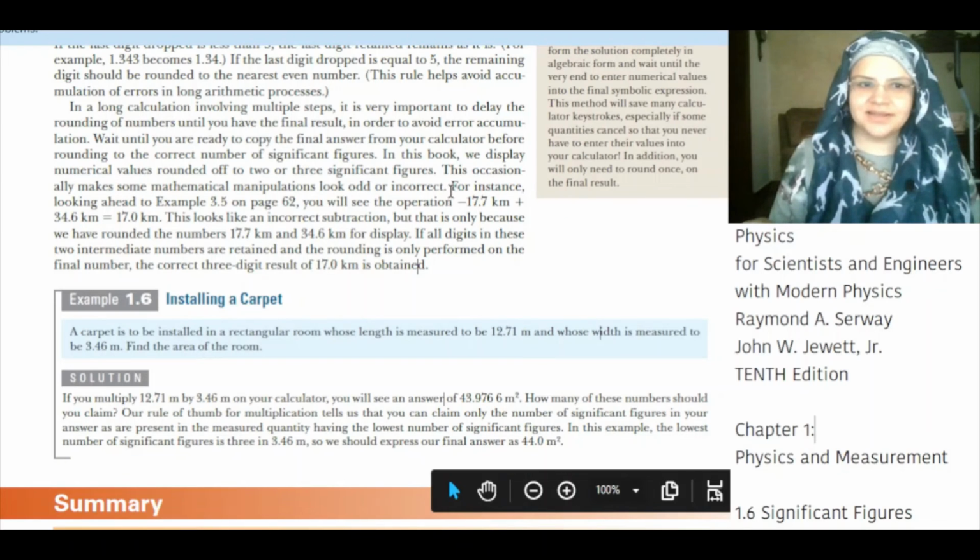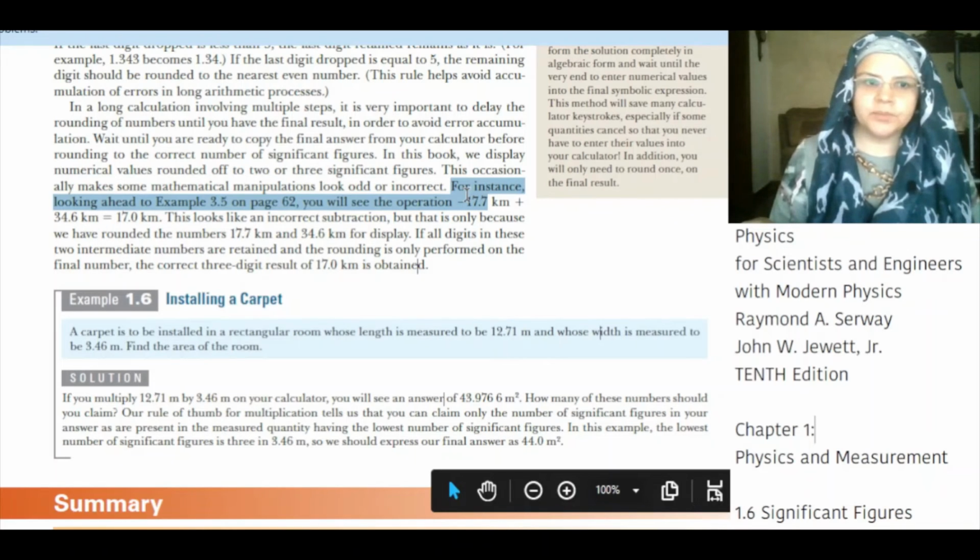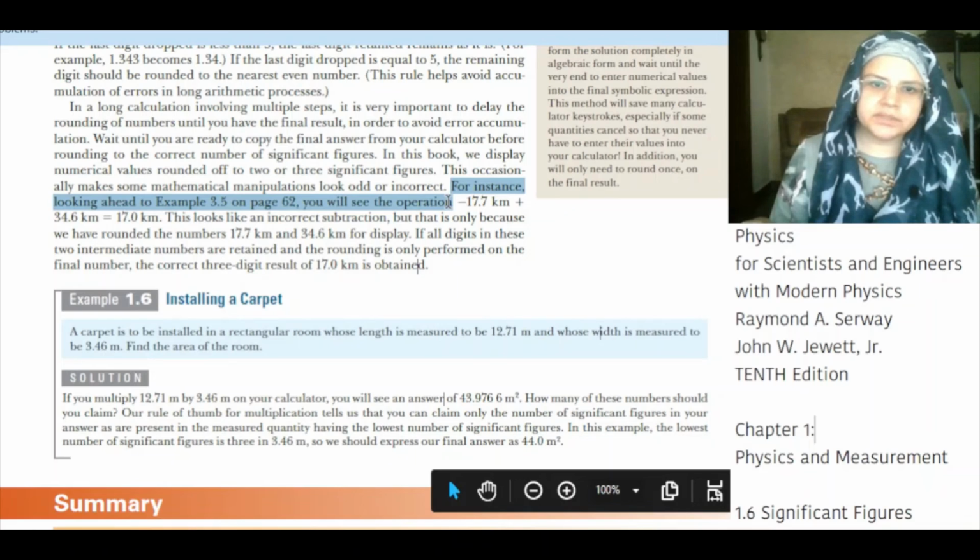For instance, looking ahead to example 3.5 on page 62, you will see the operation minus 17.7 km plus 34.6 km is equal to 17.0 km. This looks like an incorrect subtraction, but that is only because we have rounded the numbers 17.7 km and 34.6 km for display. If all the digits in these two intermediate numbers are retained and rounding is only performed on the final number, the correct 3-digit result of 17.0 km is obtained.